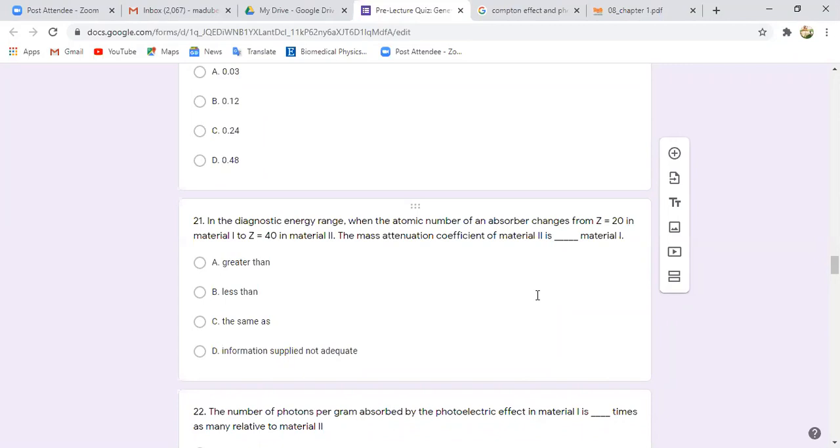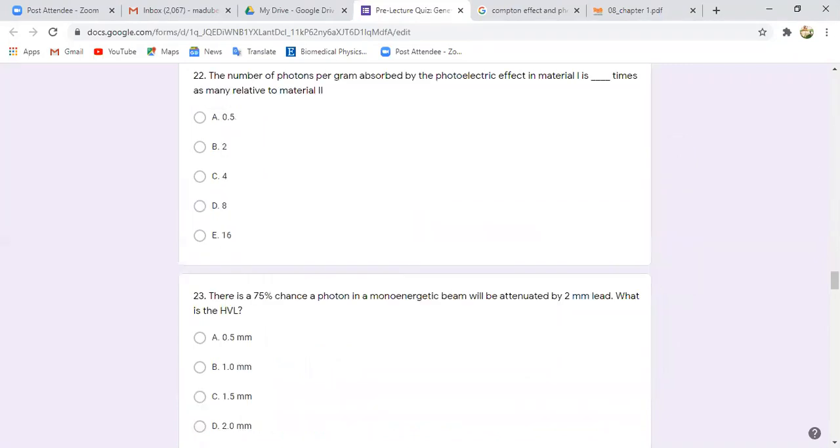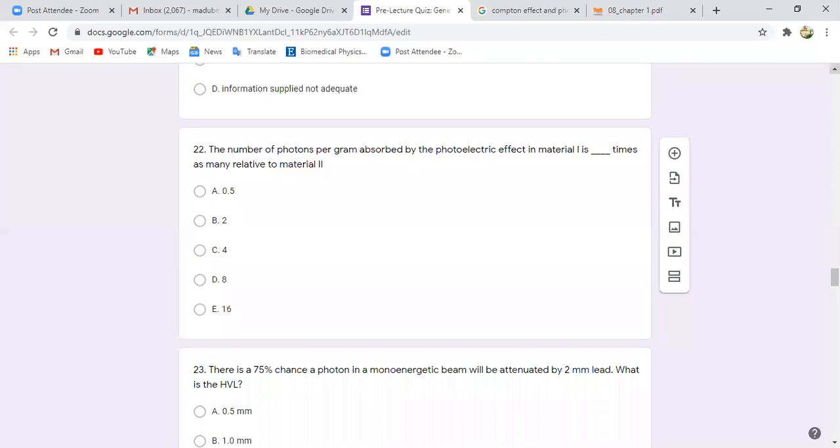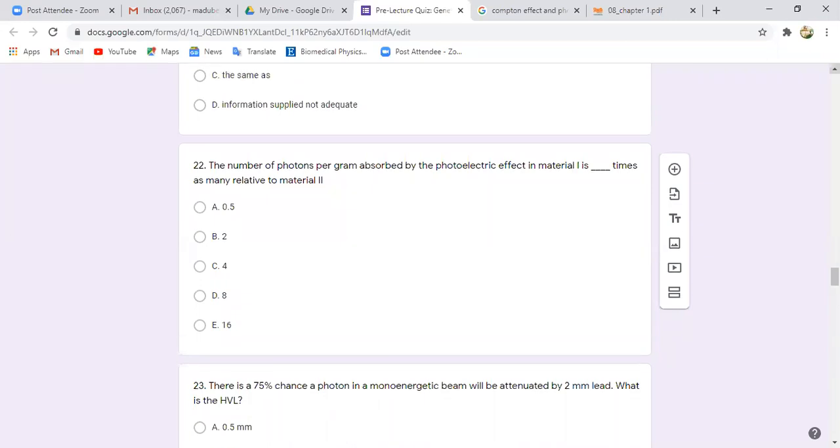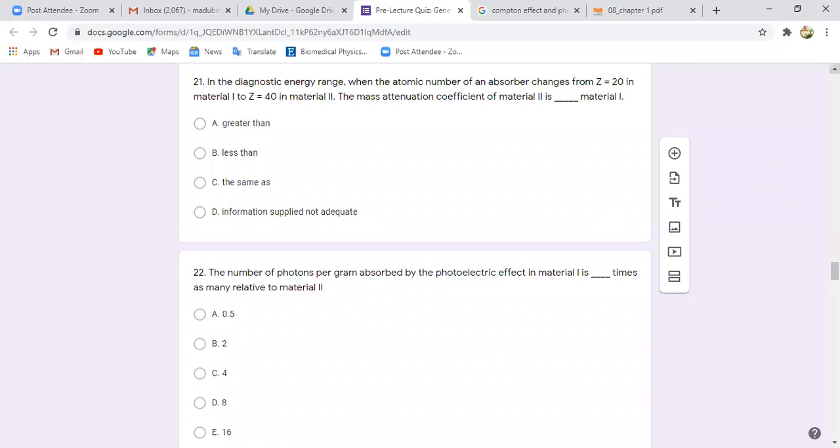20. So for 22, for 20, the number of protons per gram. What's going to happen? From Z20 to Z40, what should be the number of photons per gram absorbed by the photoelectric effect in the material? One is related to 2.